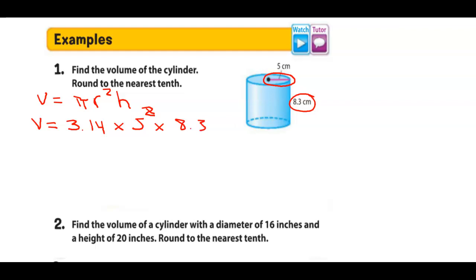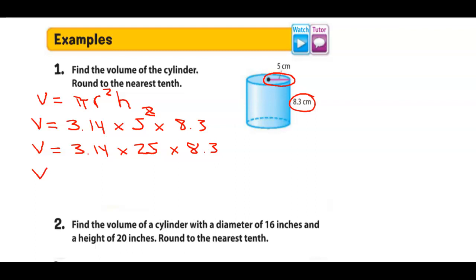Okay, order of operations tells us that we have to take care of the exponents first. So we're going to say volume is equal to 3.14 times 5 squared, and that's going to give me 25, times 8.3. Now, the commutative property of multiplication allows me to multiply in any order. I could do 3.14 times 25 times 8.3, or 25 times 8.3 times 3.14. It just doesn't matter. So let's multiply straight across here.